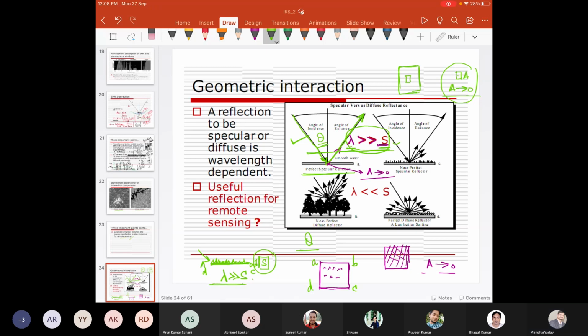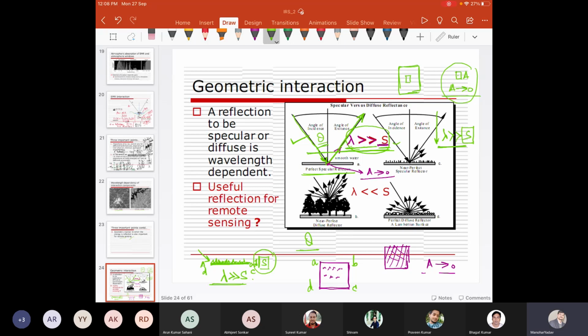But what happens when this inequality fails? This will fail when S is constant, meaning the same material, but you decrease the wavelength.